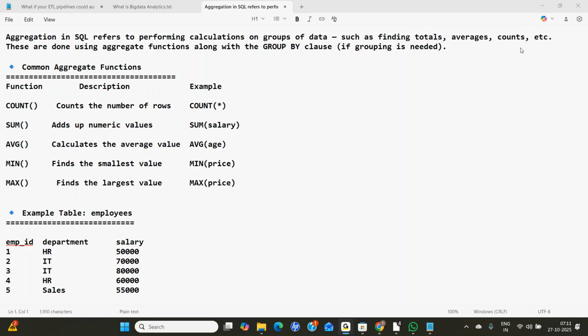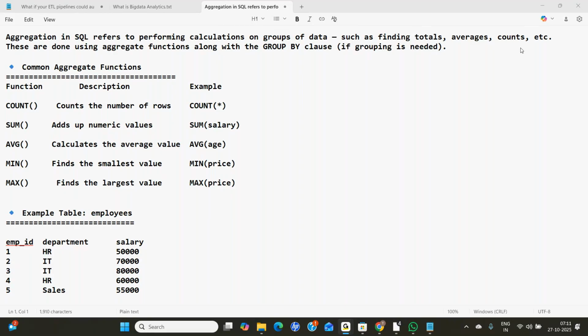Especially in the gold layer, we are going to keep analytics-ready data. Analytics-ready data means the data which is required for data analysis and decision making, and the data is basically called aggregated data. So that related topic I'm now going to discuss, because it really helps in implementing the project case studies.